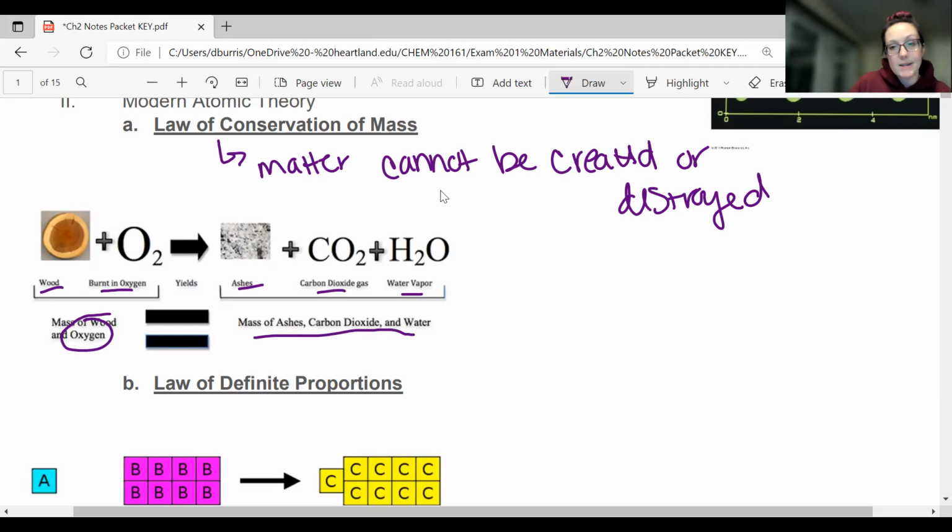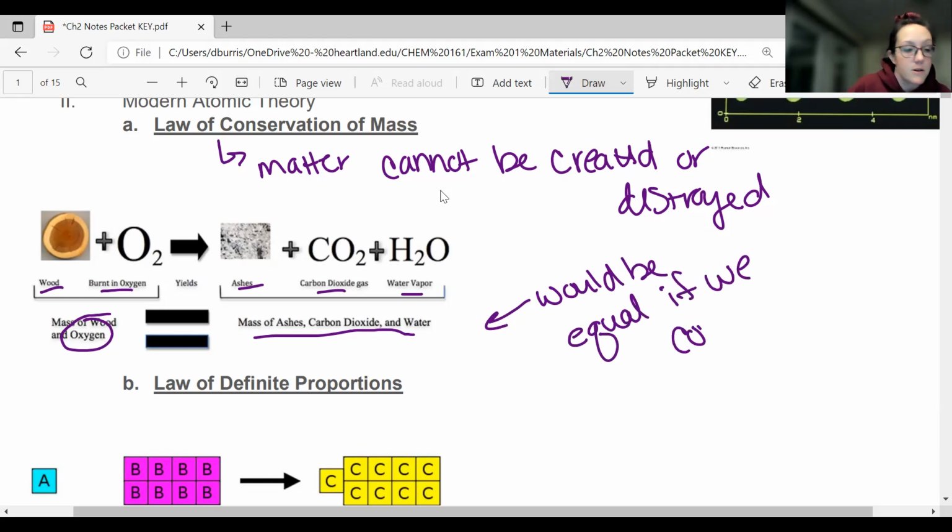We would have to know how much oxygen was used to burn, but these would be equal if we could capture everything. Okay. So keep that in mind when we start doing math and stoichiometry. It's going to be important that the law of conservation of matter or mass comes into play.